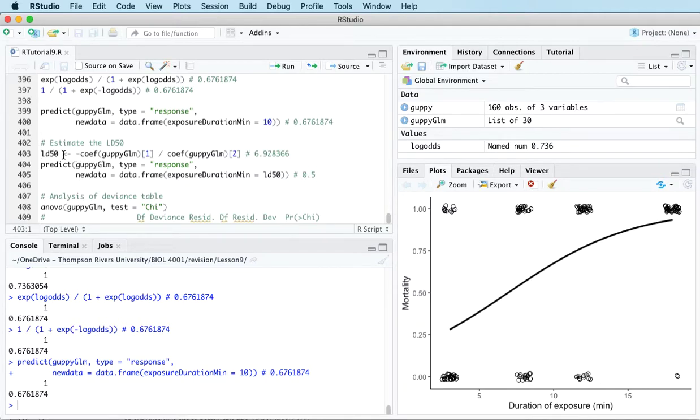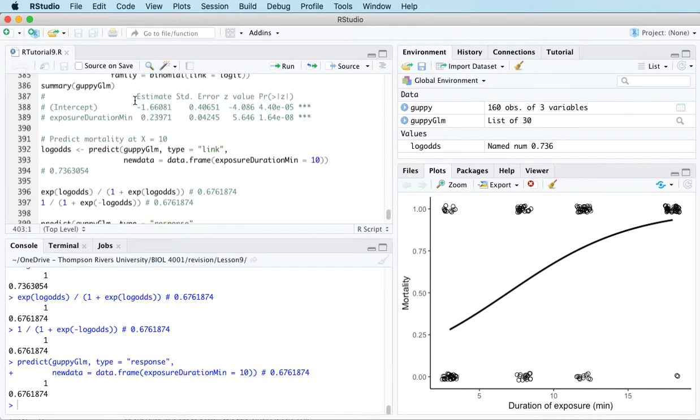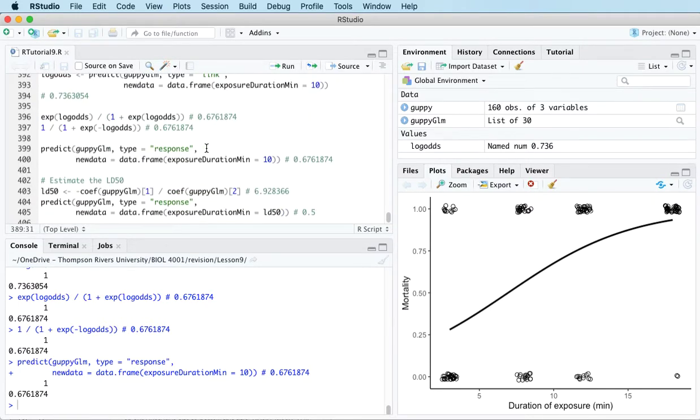To calculate that, this is the formula for calculating the lethal dose 50. So we're taking this number and then dividing it by this number and then taking the negative of that. To do that, we're using this code here.